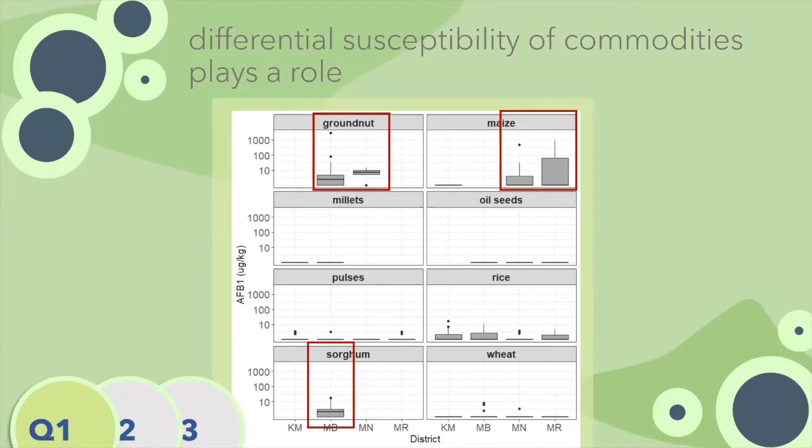Rice was sort of an interesting case, as it is such a major staple food across these food systems. We observed frequent contamination in rice, but very few samples that exceeded the Indian regulatory legal limit of 15 parts per billion. And so we can conclude from this that commodity really is playing an important role in shaping the detection outcomes.